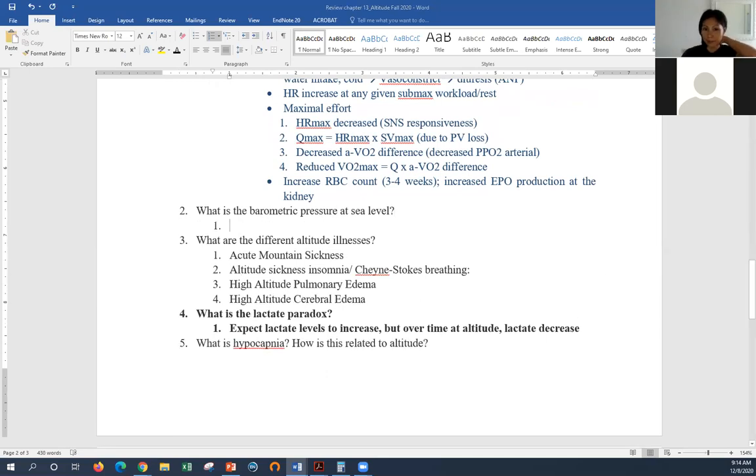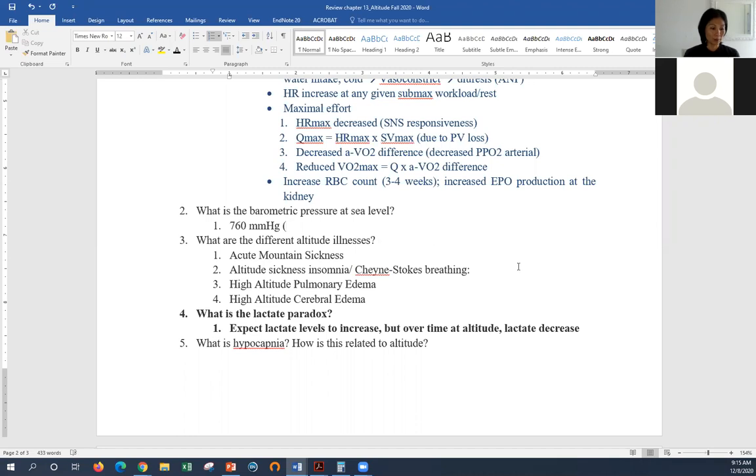Okay, so the barometric pressure at sea level is 760 millimeters of mercury. And you should know this number for the test and just in life in general. So anything less than 760 millimeters of mercury would indicate that you are at altitude. And the drop in this number would indicate the height of the altitude, right?